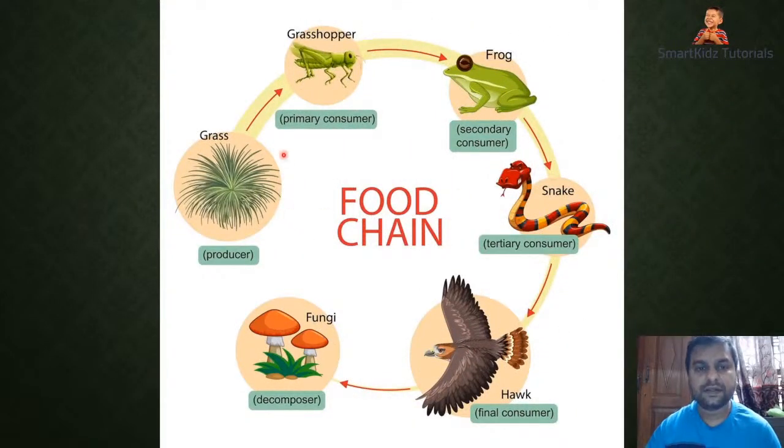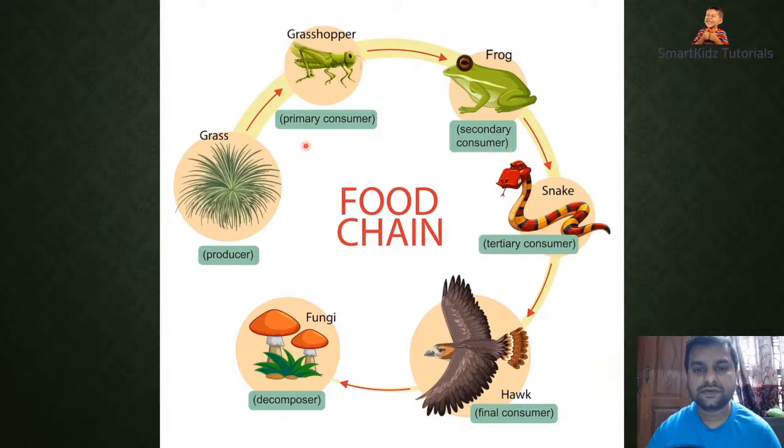Okay, here you see a food chain, and in this food chain, you have the producer, which is grass, eaten by a consumer, the grasshopper, which is exclusively a herbivore feeding on grass. It is referred to as a primary consumer because it's the first consumer. Then you have this grasshopper which is consumed by a frog.